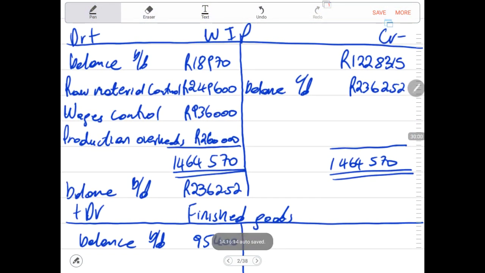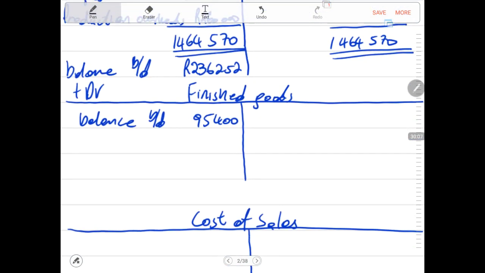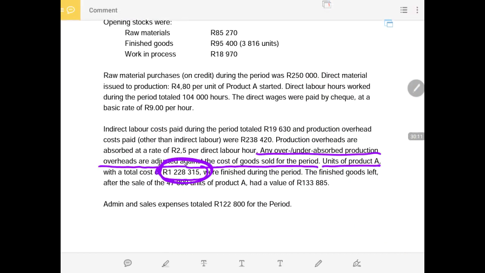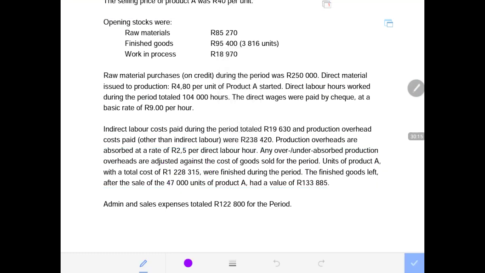Now, we have completed the ledger account for the work in progress. Then we can go to the other transaction, which says the finished goods left after the sales of 47,000 units had a value of 133,885.